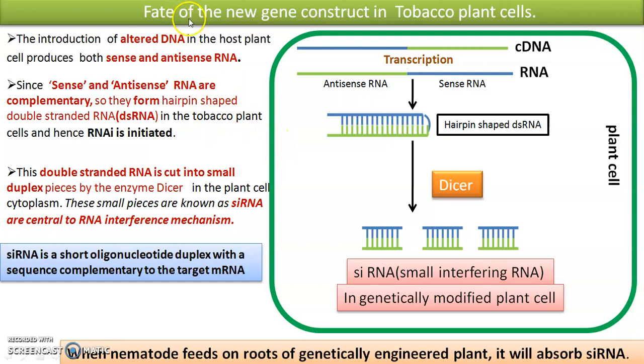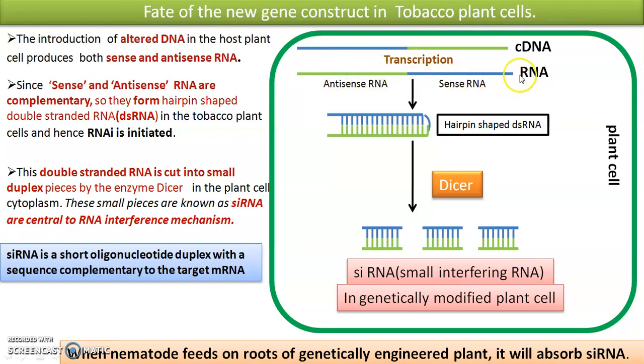Okay, now what is the fate of that DNA which has come into the plant cell? This is the plant cell, suppose. And what happens with this cDNA which was introduced by the tDNA? It will transcribe in the plant cell nucleus, and during transcription it will form mRNA.